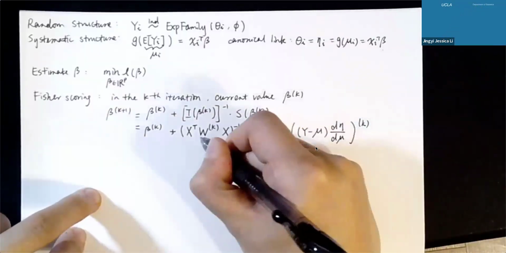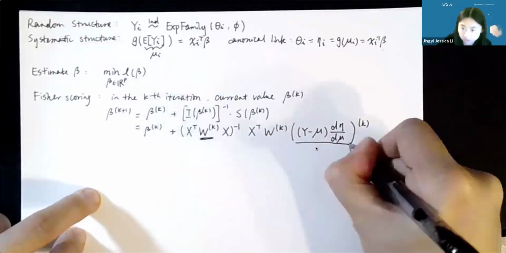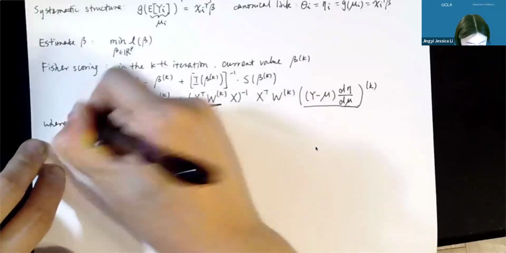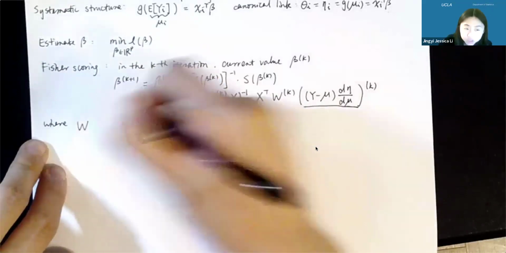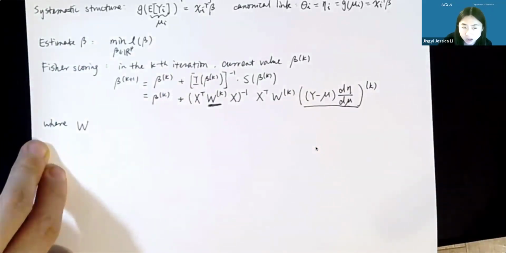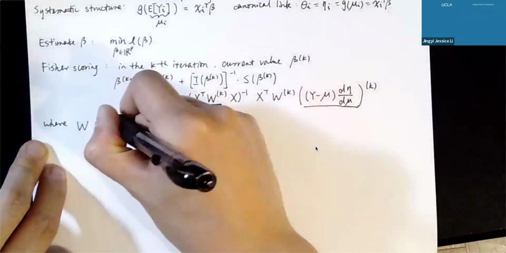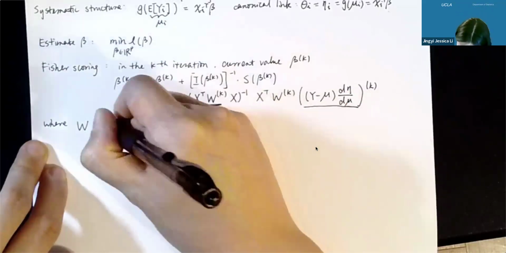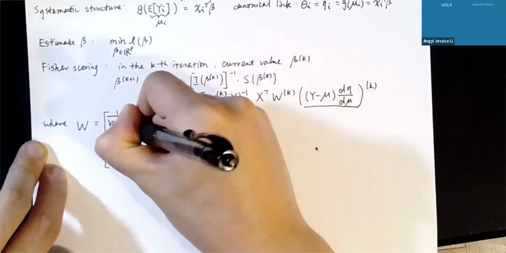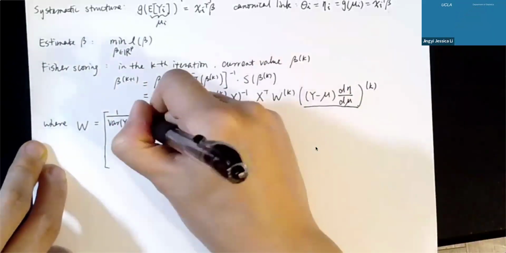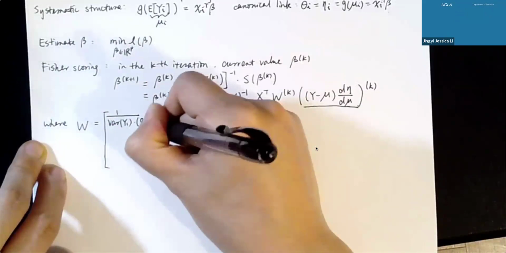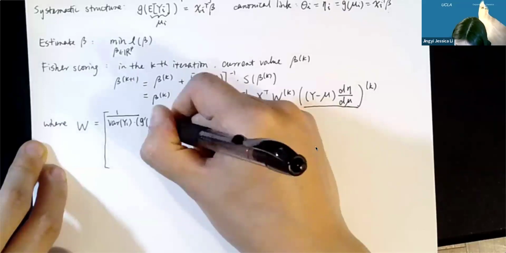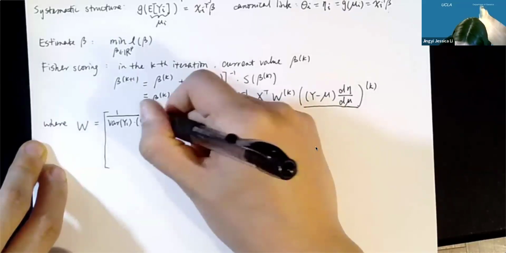This W_k is a matrix, where W, if we just drop the kth index for the kth value, is a diagonal matrix where the first entry is 1 over the variance of Y1, the response, times the square of g prime, the derivative of g, the link function, at mu1 squared.